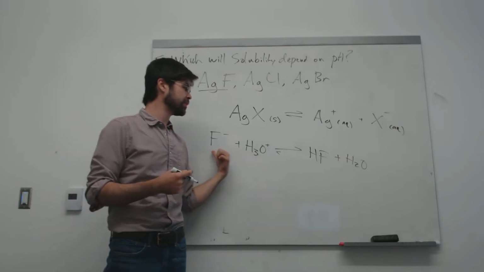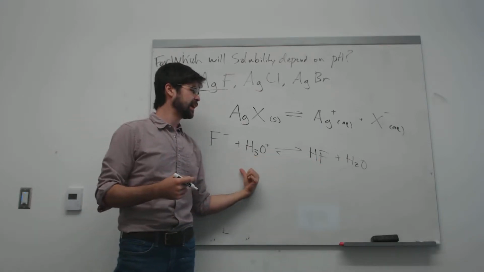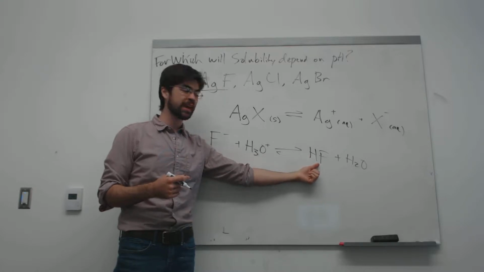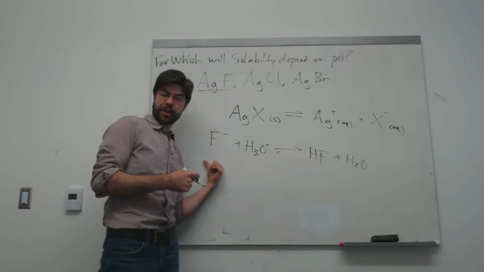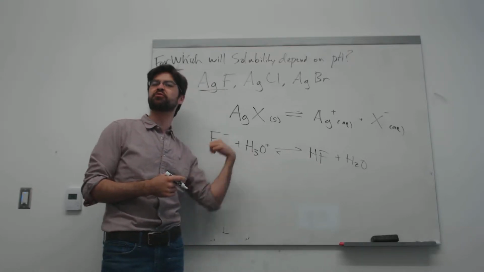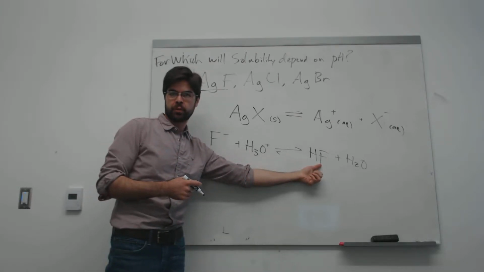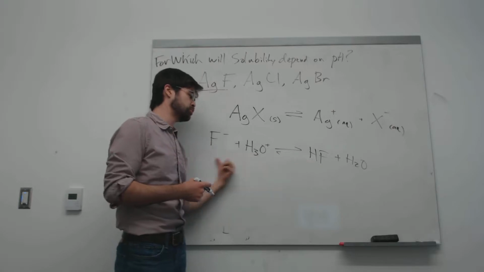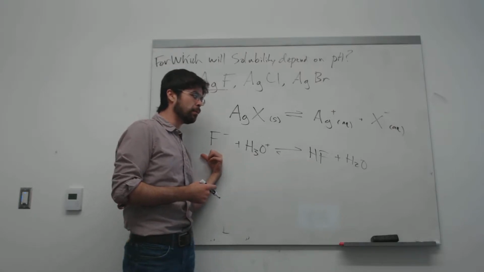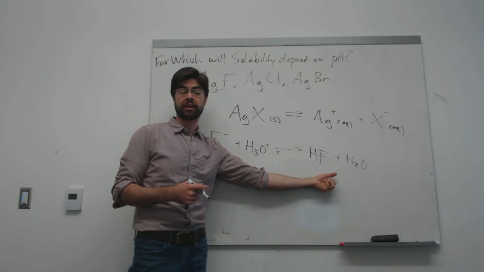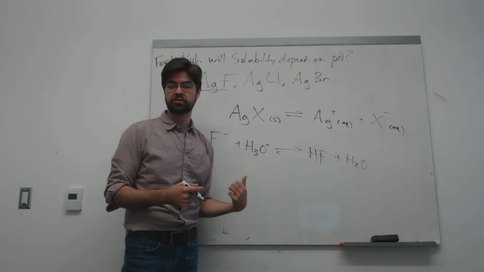Now, how do I know that that goes to completion? It's because HF is a weak acid. The reverse reaction in this case is not very favorable. Most of the HF molecules in a sample of hydrofluoric acid do not dissociate. Most of them stay as HF. So this forward reaction is very favorable.